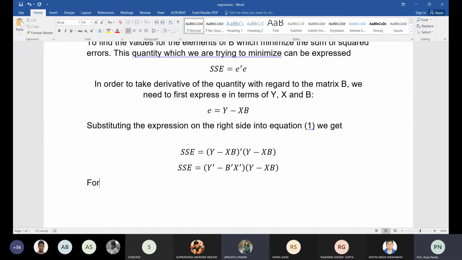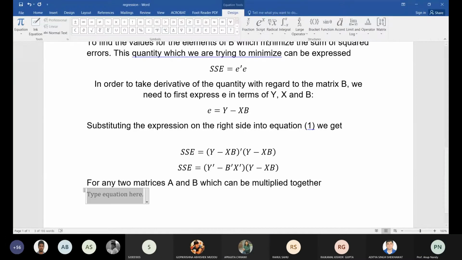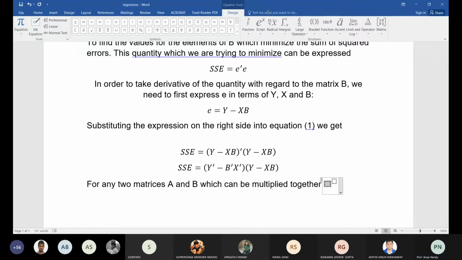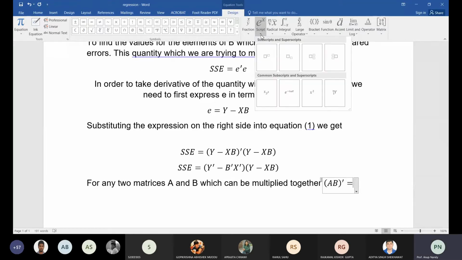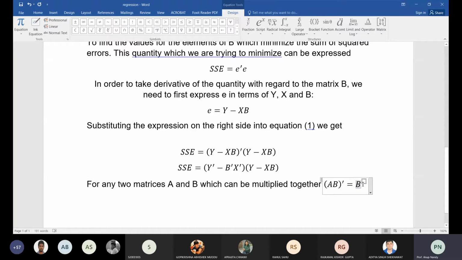Because for any two matrices A and B which can be multiplied together, I can write AB transpose is equal to B transpose into A transpose.